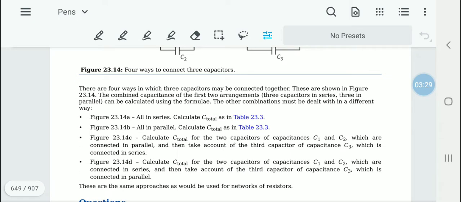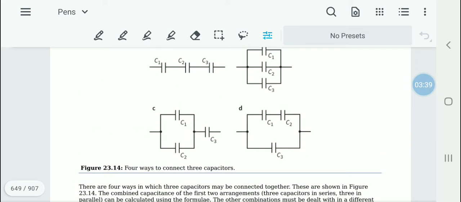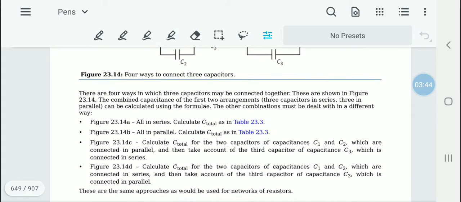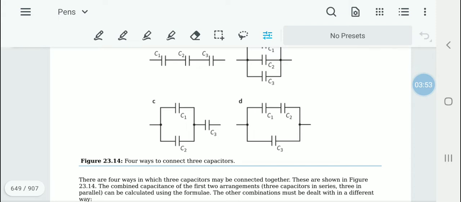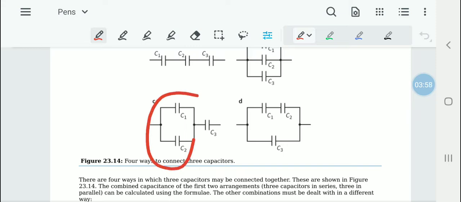Now, when it comes to 23.1 for C, calculate C total for the two capacitors of capacitance C1 and C2. So C1 and C2 are in parallel. As a result, we add them together, C1 plus C2. Then we take the series one. For these two alone we get C1 plus C2.